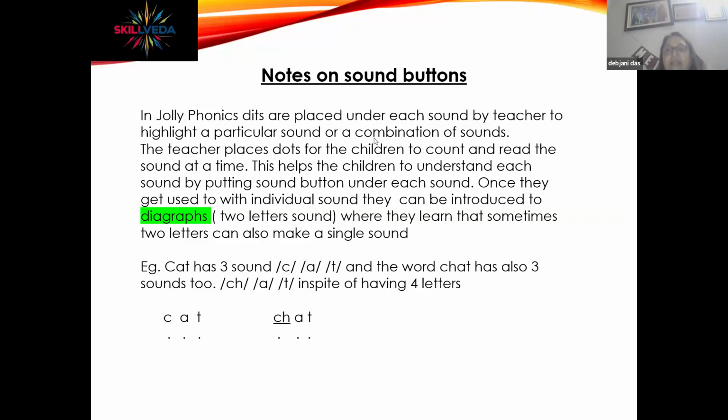When you are explaining to the children about the sounds, you must teach them through the sound buttons, because sound buttons are very important for them.